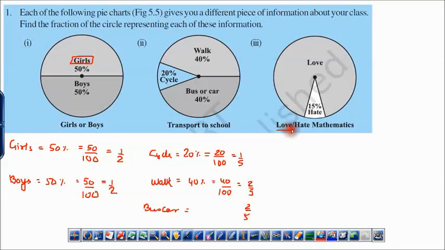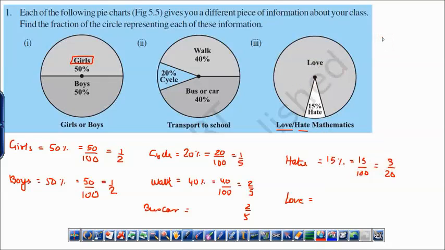How many loves mathematics? How many hates mathematics? Hate 15%, 15/100, 5 3s are 15, 5 20s are 100, so 3/20. A problem with love is there is no percentage given.